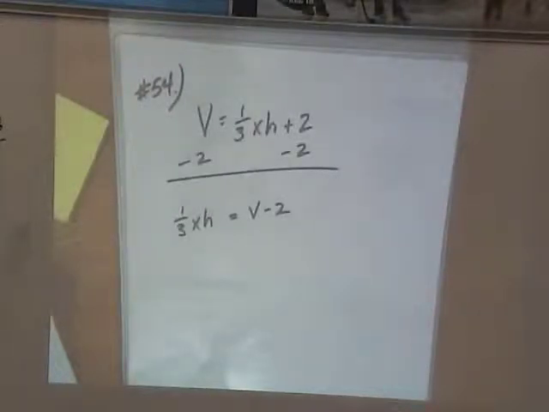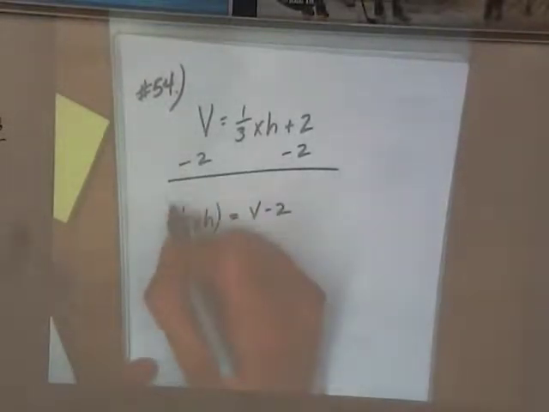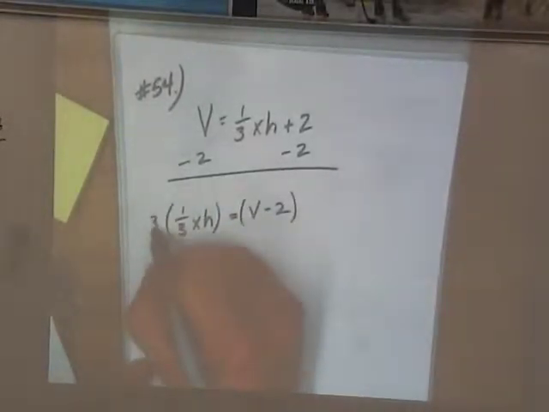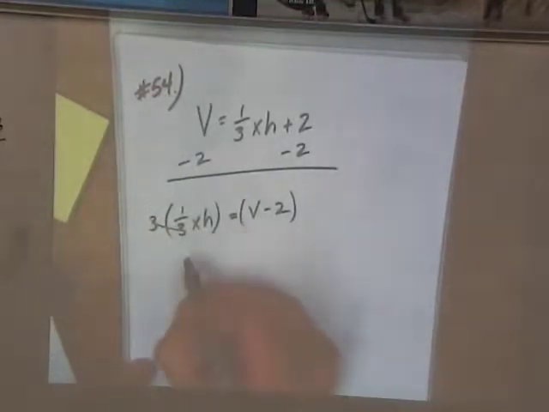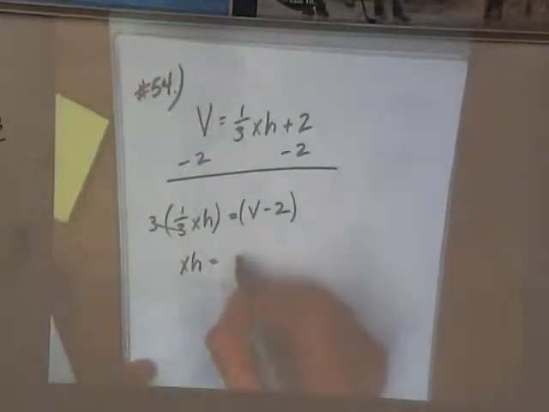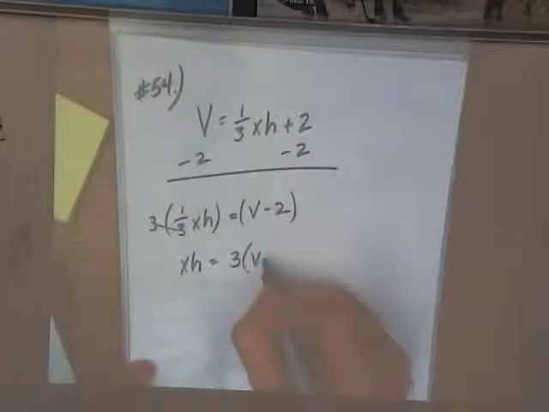Now what do you want to do? What do you want to multiply 1/3 by? Its reciprocal, or multiply both sides by 3. Yes, right? Good. So those cancel out, so we're left with xh is equal to 3 times v minus 2.